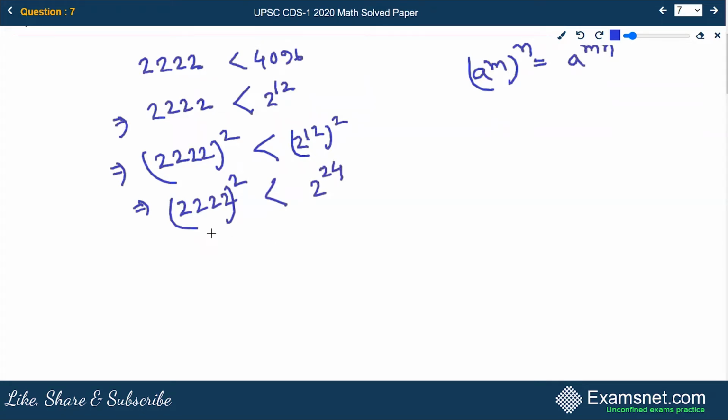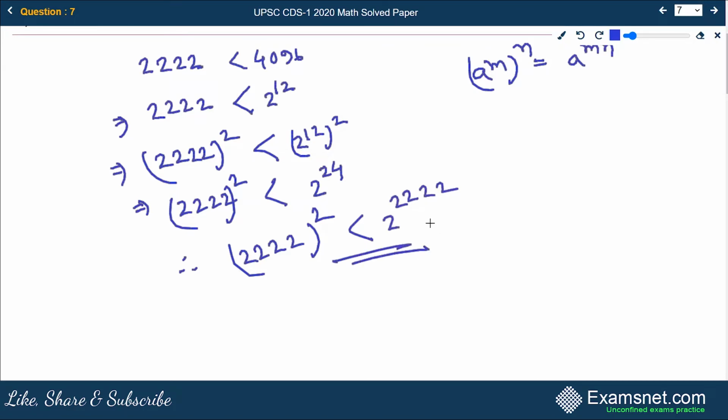So 2222 whole square is less than 2 to the power 24. Correct? Now, similarly, let's compare another pair.